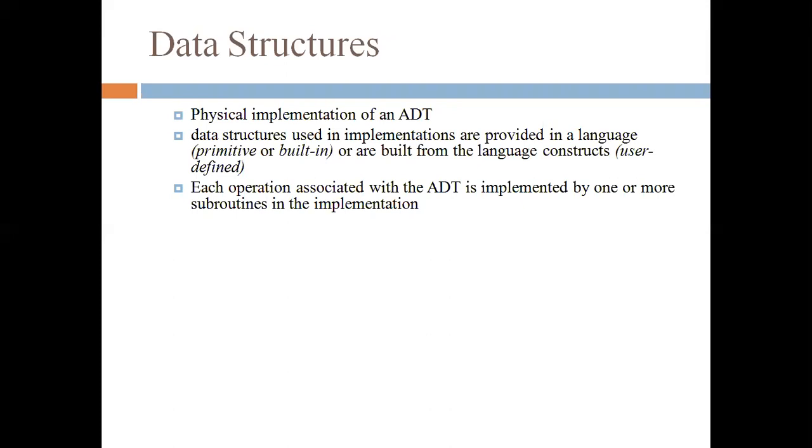Because on each data structure, for example, if I talk about stack, queue, tree, graph, then we will discuss some operations to access the data by which these data structures have been organized. So when we use the term data structure, we mean the physical implementation of an abstract data type.